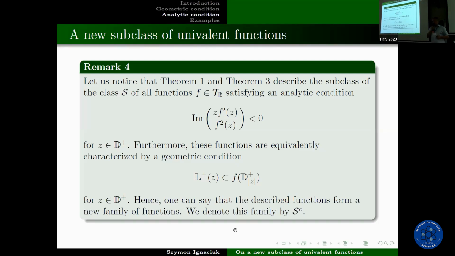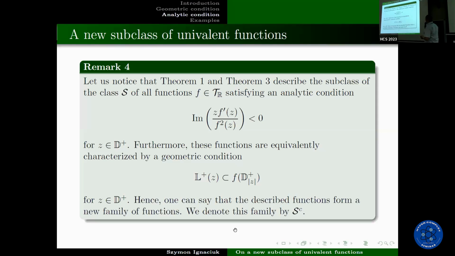And then we would have more theorems for such functions with a positive real part. More theorems, more examples. It would be easier to create functions from our family. But nevertheless, this condition is quite nice because it's a short condition. It's a basic advantage.